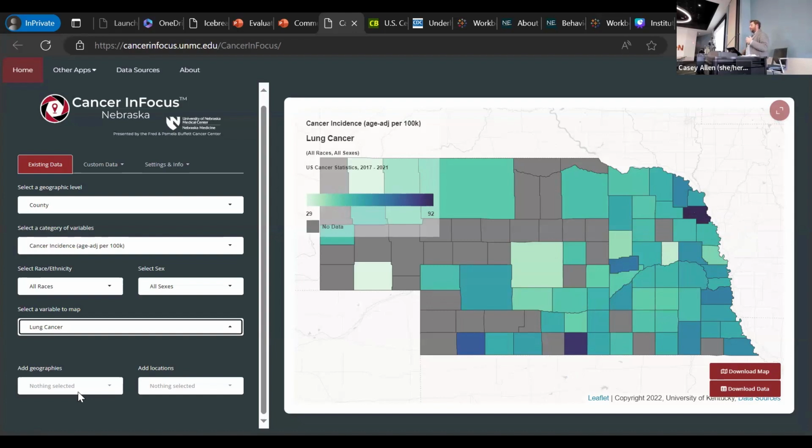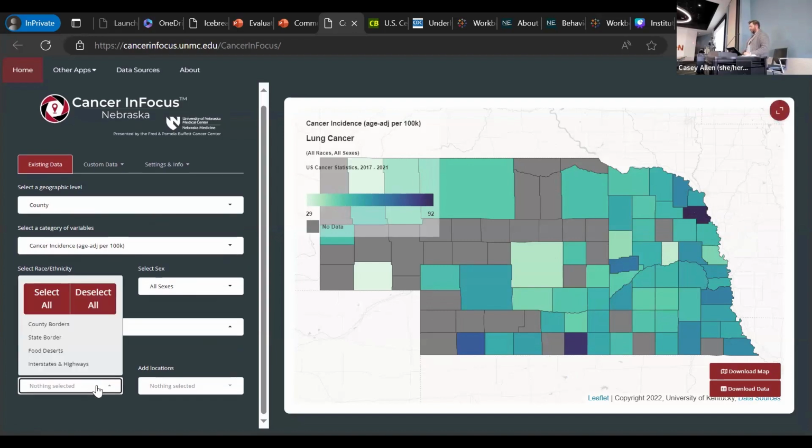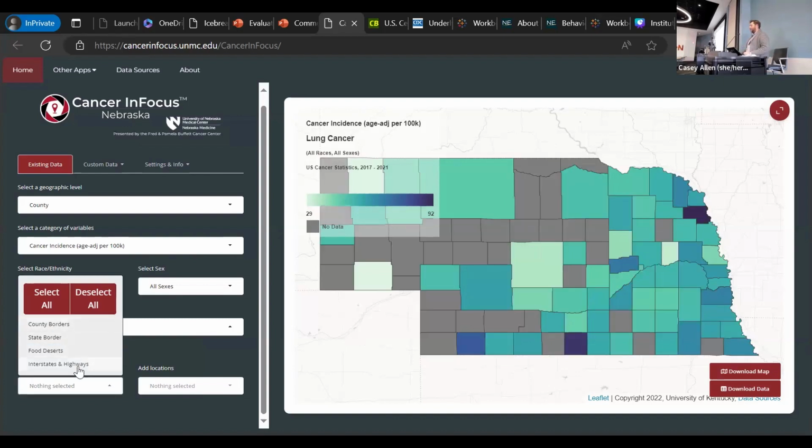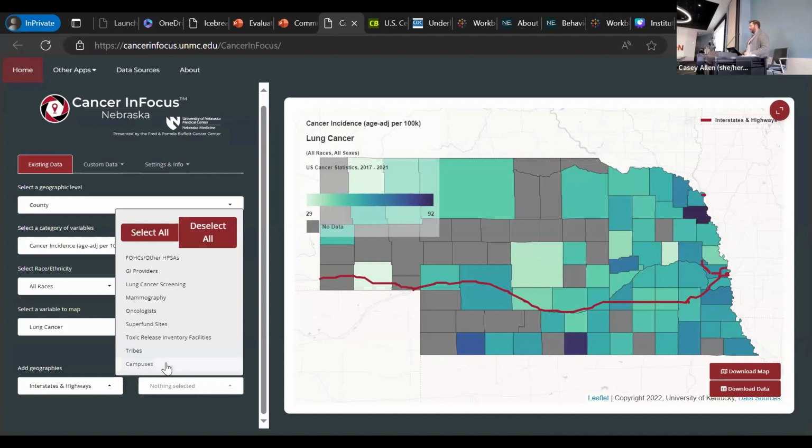Now you can also add different geographies and locations. So you could bold county borders, for example, if you wanted to. You could look at different food deserts within the state. You could look at the different interstates and highways. And then if you wanted to plot out where the campuses of University of Nebraska are, you could see them going along those highways.